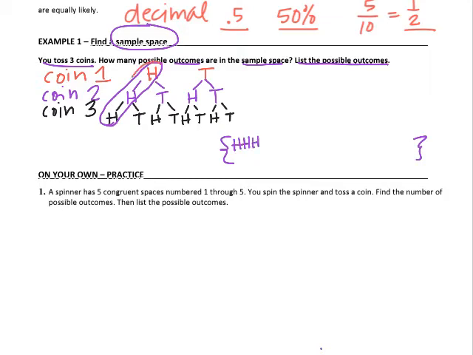I could also have this situation take place where I get heads the first 2 times but tails the third time. And I could get heads, tails, heads. That's this path here.